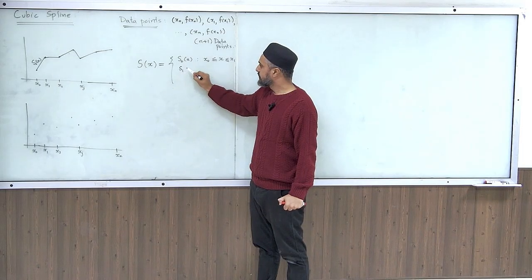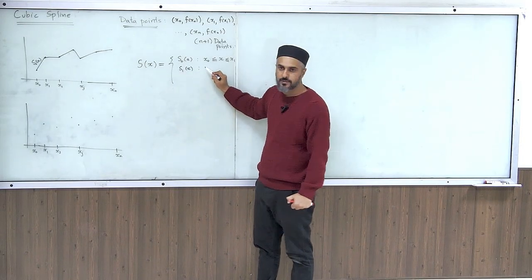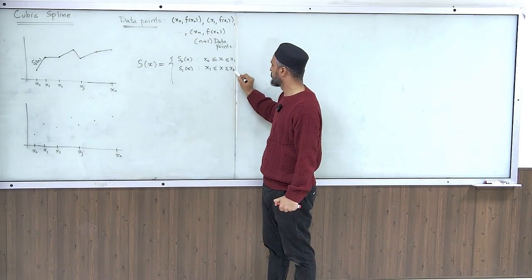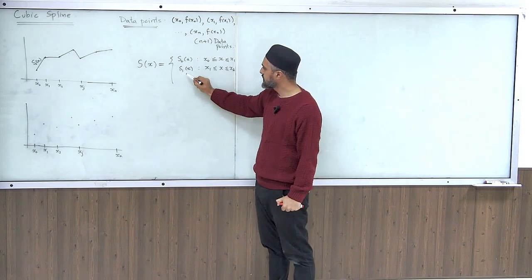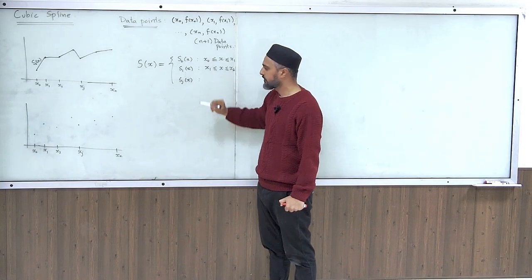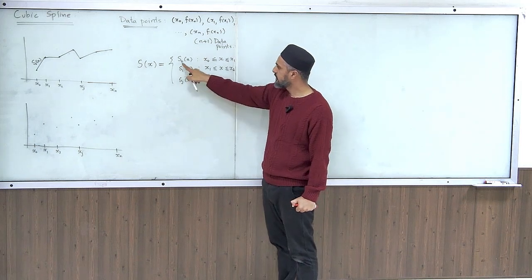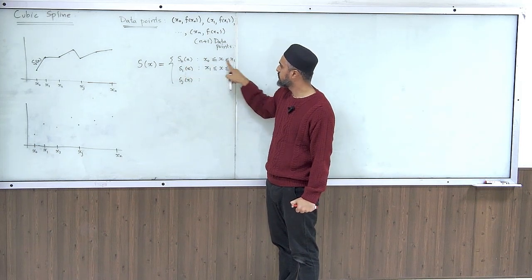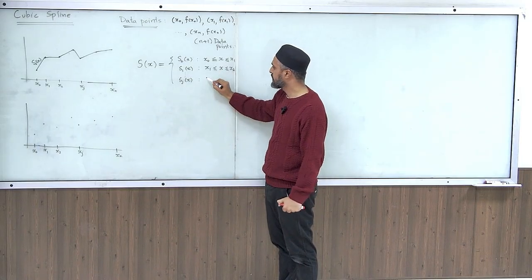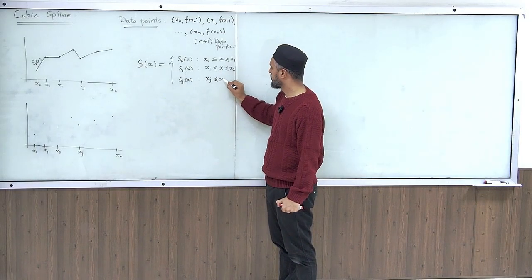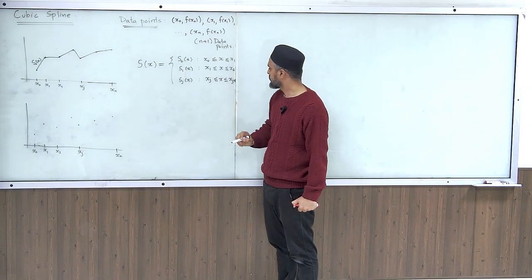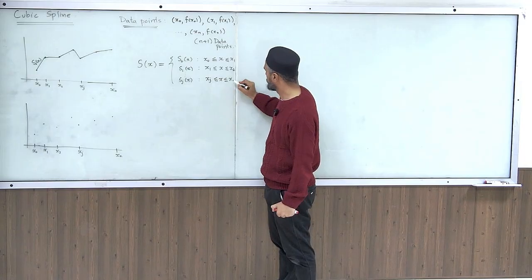Then we have S1 of x, which is applicable from the point x1 till the point x2. If we continue like this, there will be Sj of x. If S naught is applicable from x naught to x1 and S1 from x1 to x2, then Sj will be applicable from xj to xj plus 1.